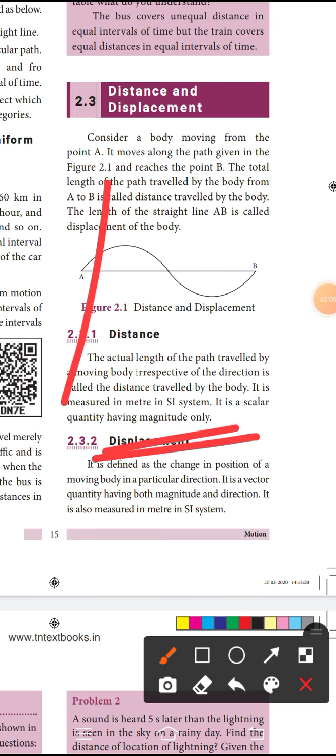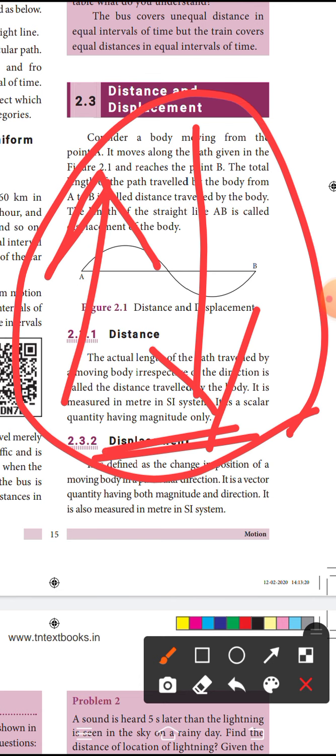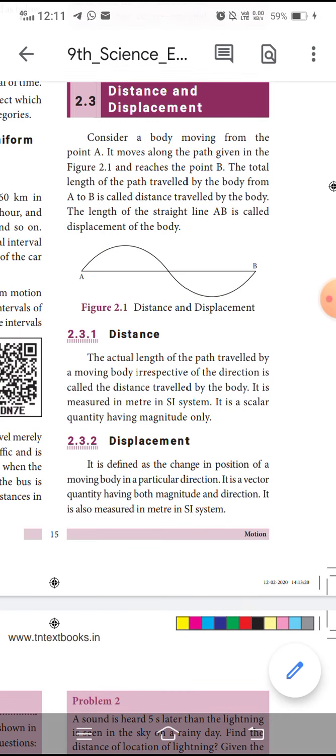If an object is moving in a straight line and then needs to come in this direction, the direction is changing in a moving body, so it is said to be displacement. It is a vector quantity, so it has both magnitude and direction. It is also measured in meter.